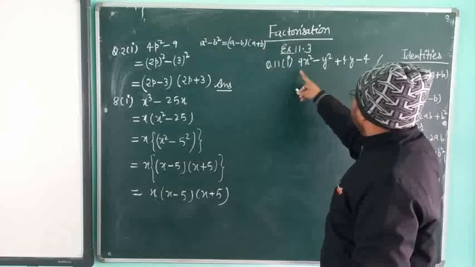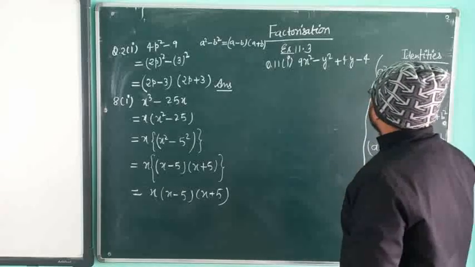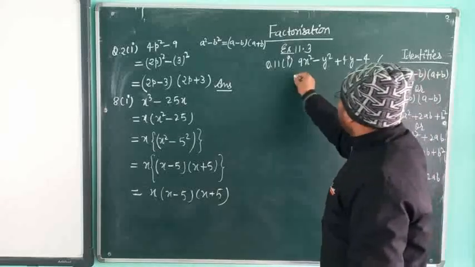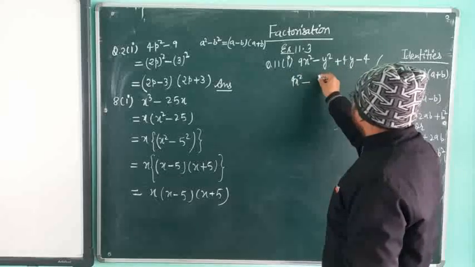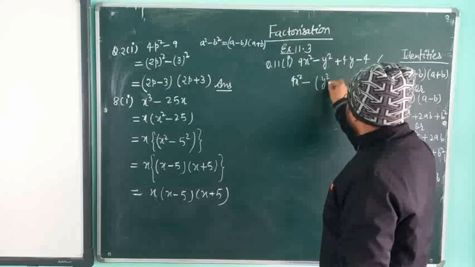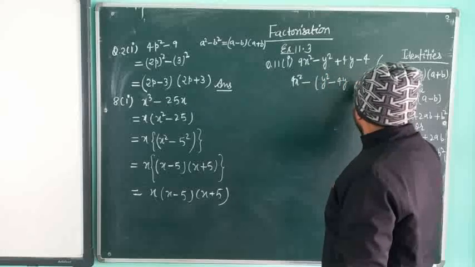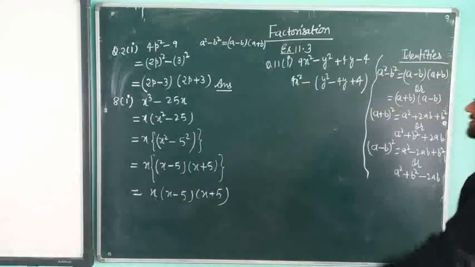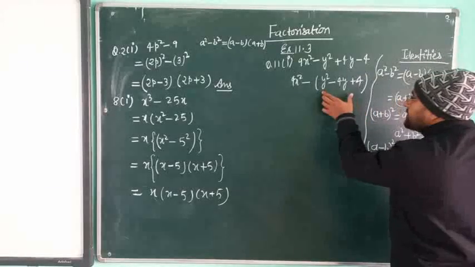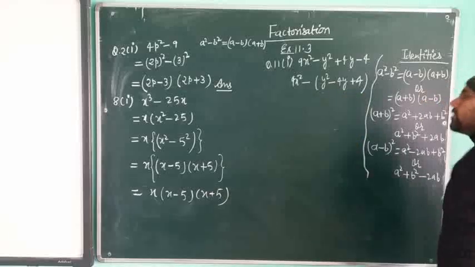So what is common in this one? 9x square I can write as it is, 9x square minus. I can take this minus as common: y square minus 4y plus 4. You can see we can write this as (a minus b) whole square.